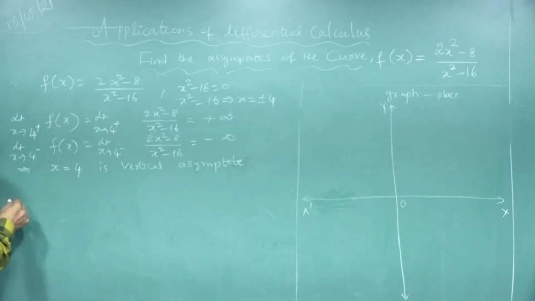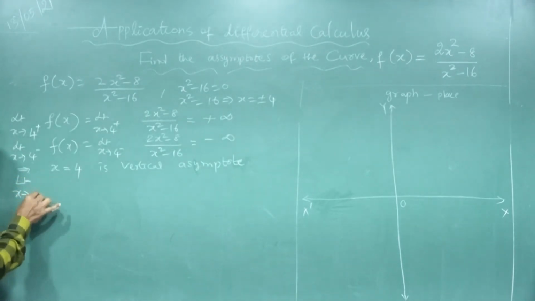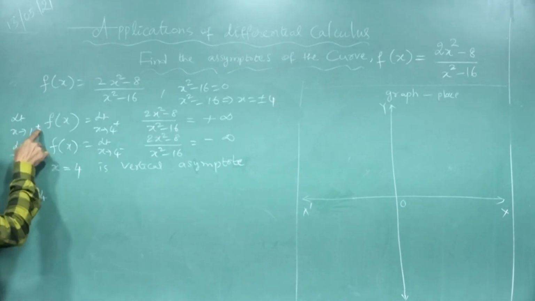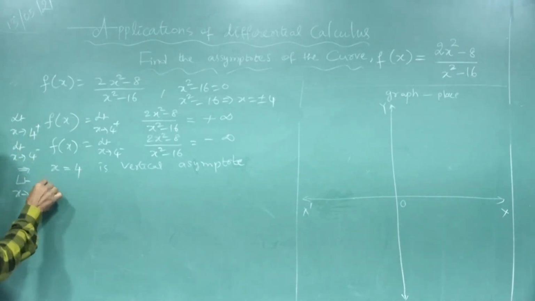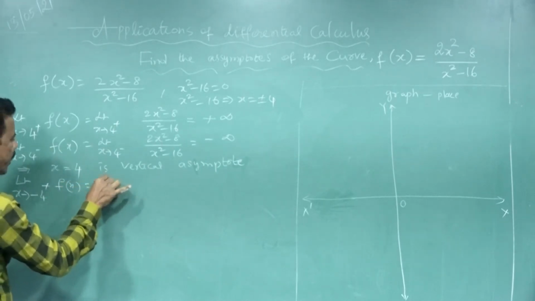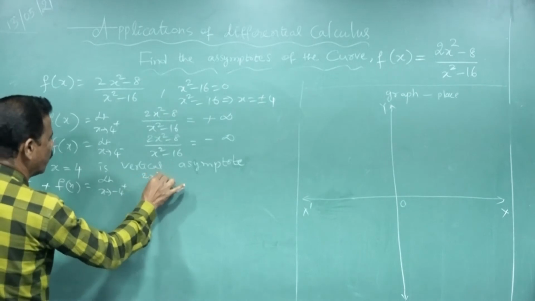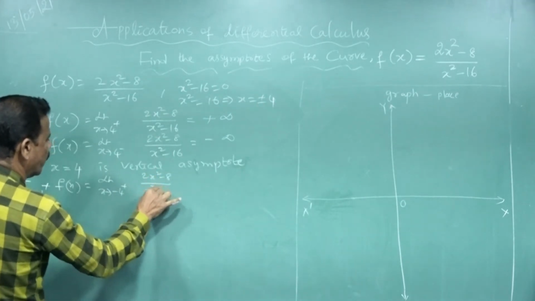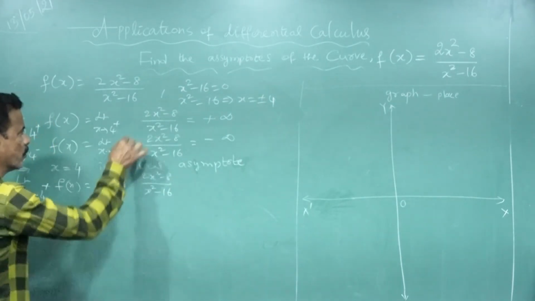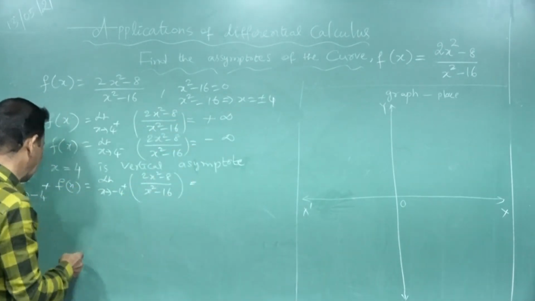And after that we check the limit as x tends to minus 4. Now the limit as x tends to minus 4 plus of f(x) = (2x² − 8)/(x² − 16).